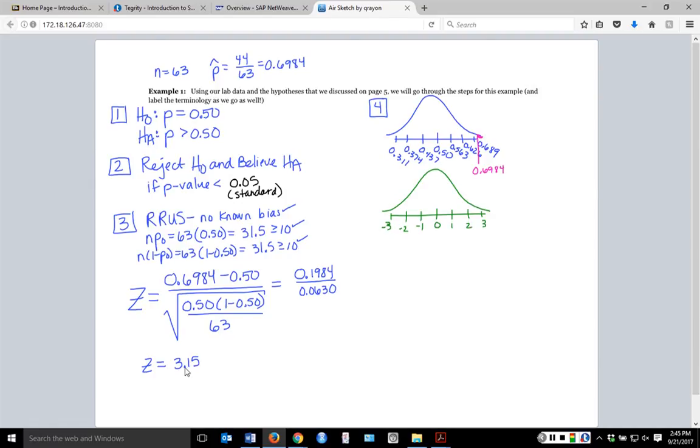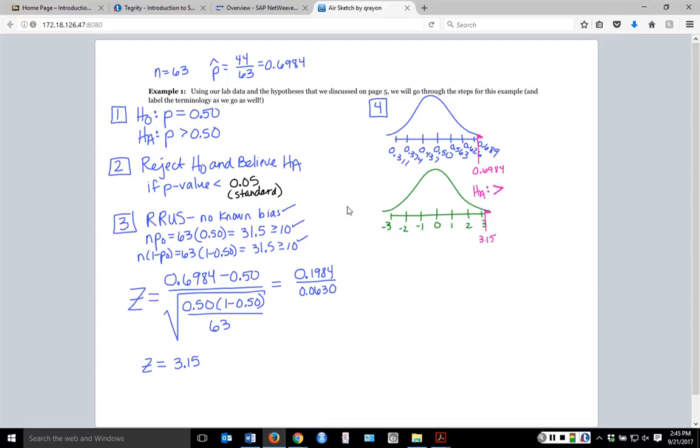Now I'm going to take this number and put that on my picture. And because my alternative hypothesis has that greater than sign in it, that's going to tell me that I need to shade to the right. But notice how these pictures really are communicating the same information. All we've done up here is draw the picture, find the z, go to the table.